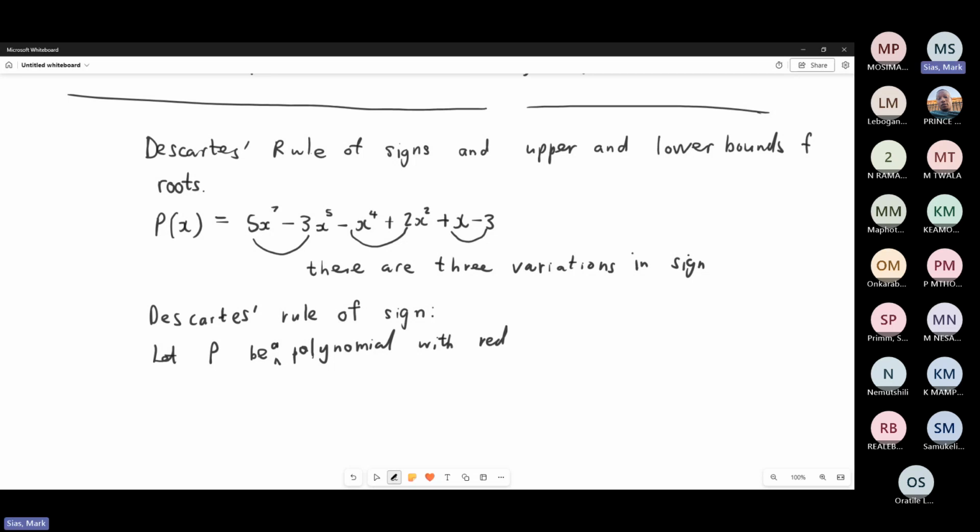So the coefficients are real numbers, right? Those a_n, a_(n-1), a_1, a_0 are real numbers. They're not just integers, they are any real number, okay? That's the requirement there.